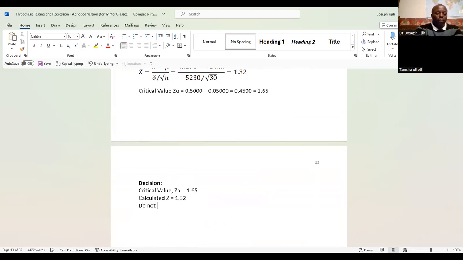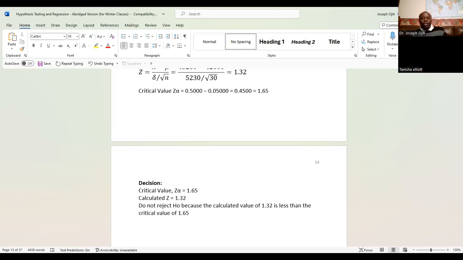Do not reject the null hypothesis, because the calculated value of 1.32 is less than the critical value of 1.65.